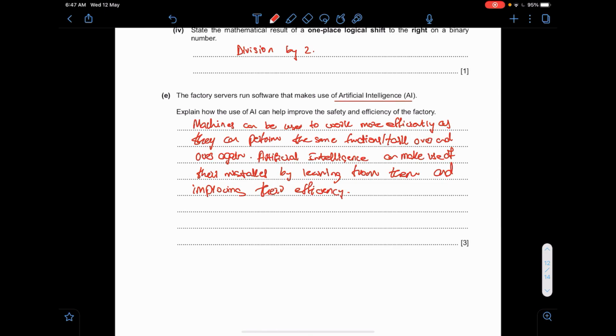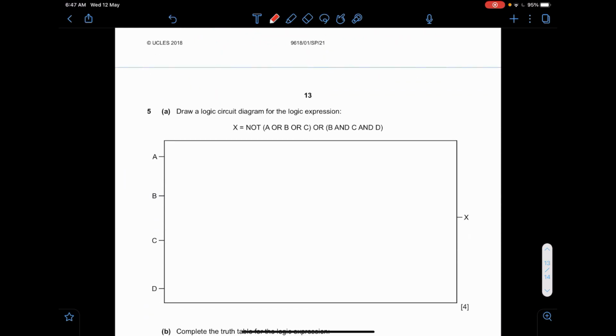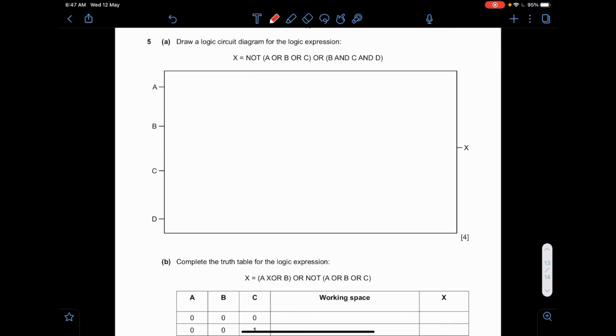So that is what artificial intelligence does. They can do tedious tasks over and over again, and if they make a mistake, they can reflect upon it and not make it again. And when they're doing the same task over and over again, at one point they might even increase their efficiency, right?